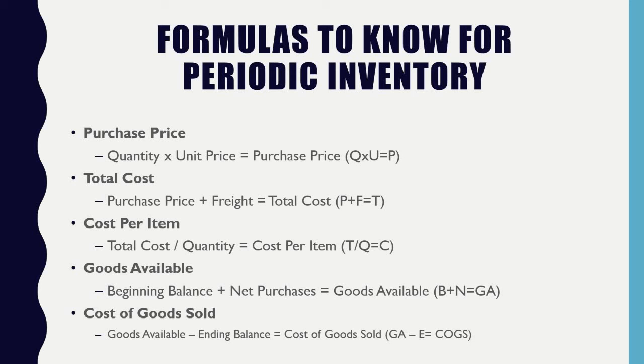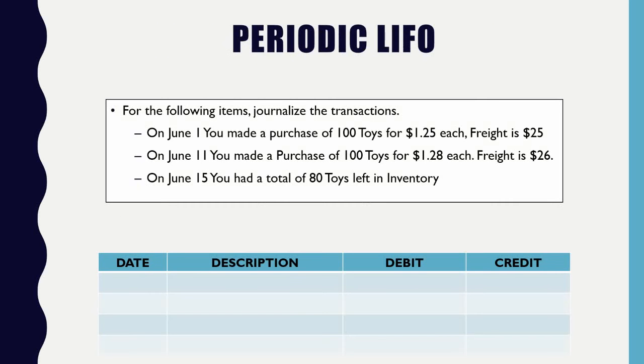Then, to find your cost of goods sold, you subtract your ending balance from your goods available. Same exact concept, same exact formulas. Now we're going to start applying it.